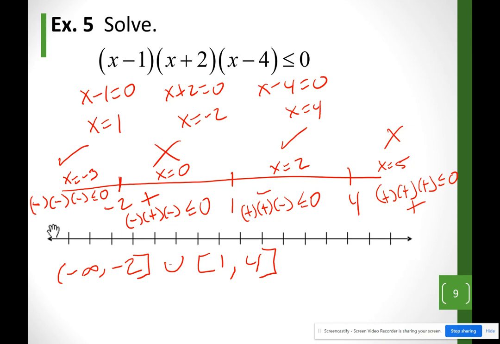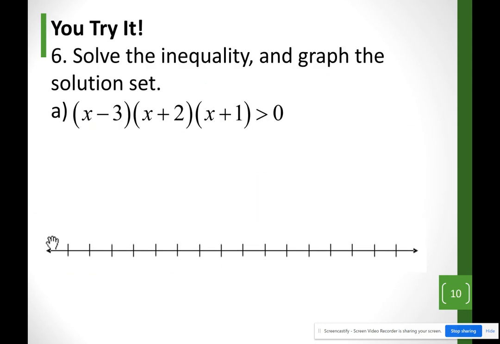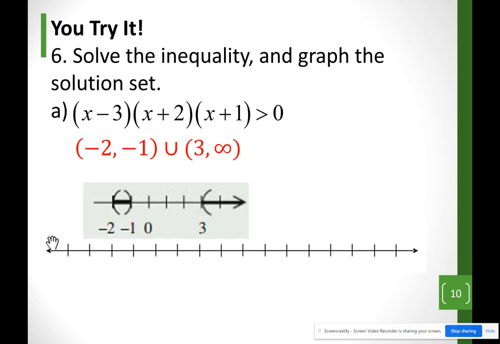There's a gap in between. Notice for my numbers, I'm using brackets because of my inequality sign. Now my infinity, I'm using parentheses. Infinities always have parentheses. Try this one at home. That's what you should get.